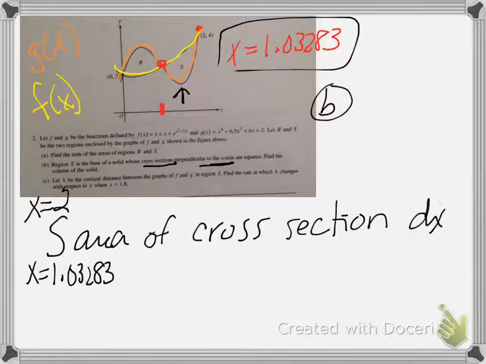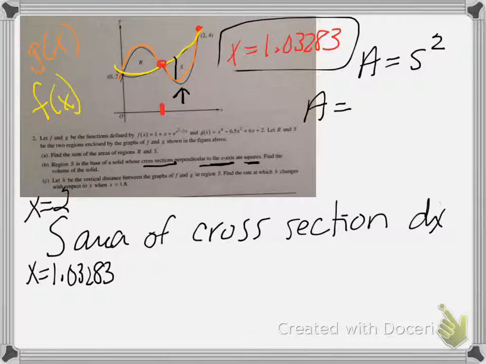Okay, now I just have to do my area of the cross-section. So what is my cross-section? It is a square. I'm just going to erase this maximum. The area of a square is equal to the side squared. So what is a side? A side would be the length from, let's say, here to here.